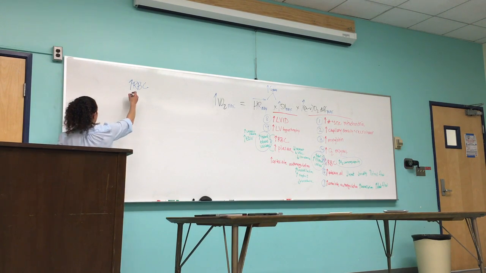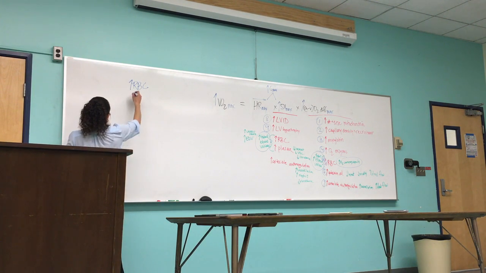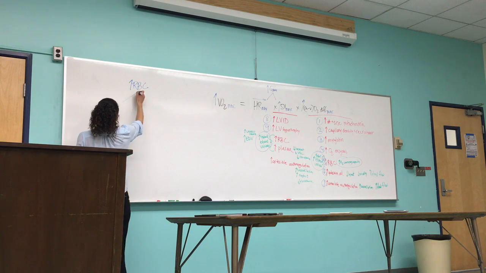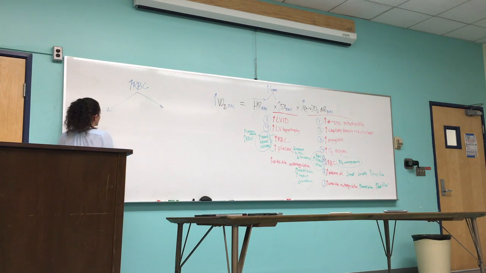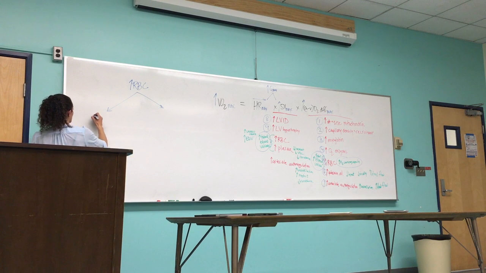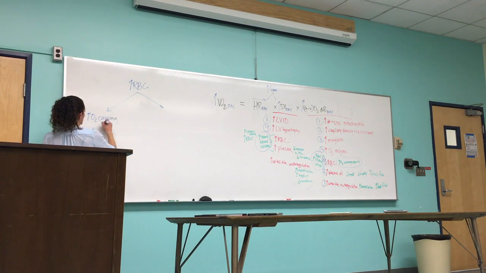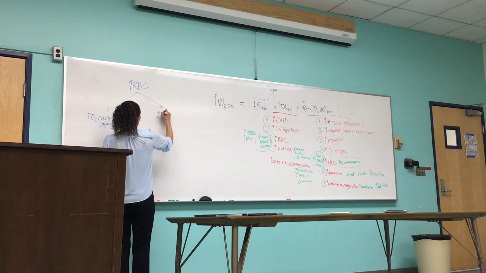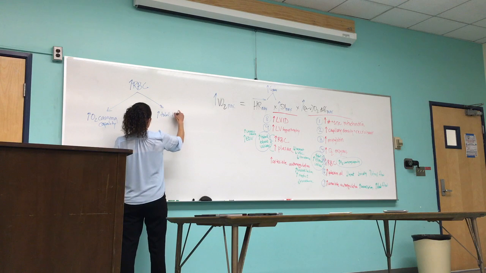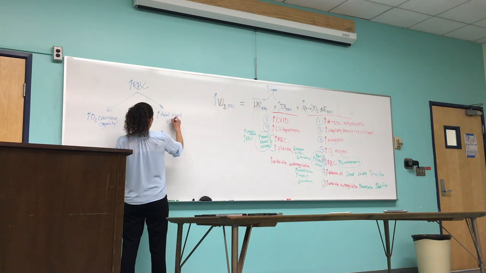I'm hearing 3 and I'm hearing 2. 2. Okay, what are the 2? Oxygen carrying capacity and total blood volume. Increased oxygen carrying capacity and increased total blood volume.